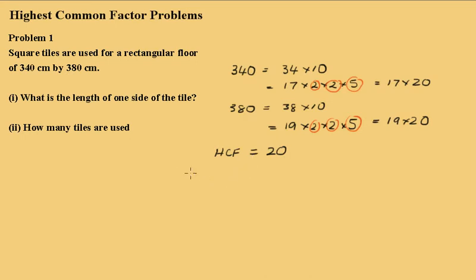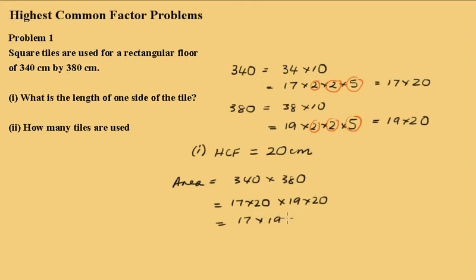Now, to work out the number of tiles, that's part 1. That's 20 centimeters. Now the area, the total area of the floor is 340 by 380. Now 340 is 17 by 20, and 380 is 19 by 20, which gives me 17 times 19 times 20 by 20.